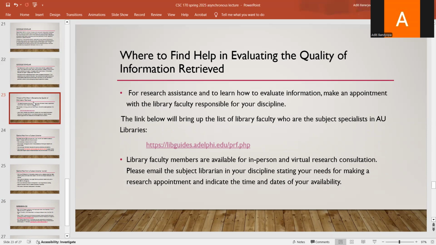Library faculty members are available for in-person and virtual research consultation. Please email the subject librarian in your discipline stating your needs for making a research appointment. And please indicate the time and dates of your availability as well as your topic that you would like to search using databases and other tools.